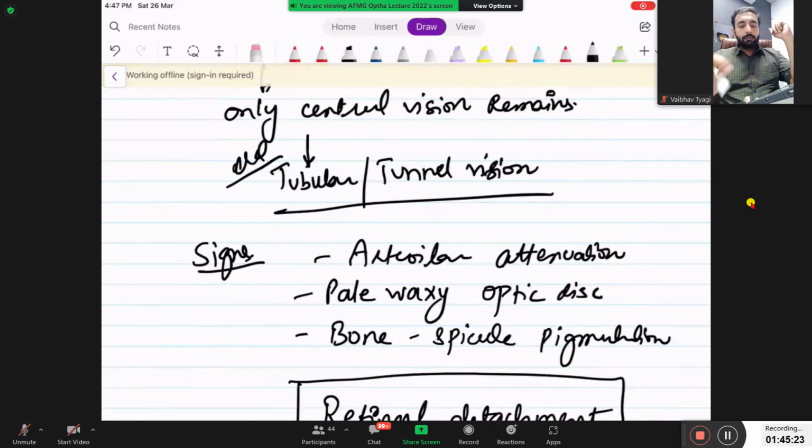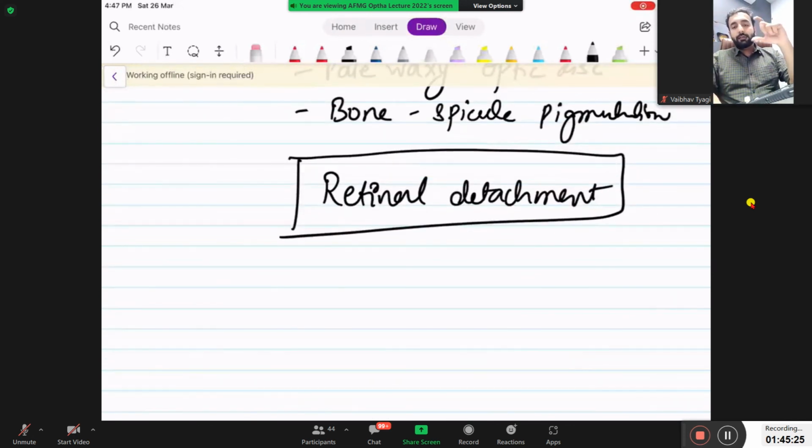So coming to retinal detachment, we have discussed the pathology of CSR, which is quite similar to retinal detachment. See, in CSR, what was happening? The choriocapillaries were leaking beneath the RPE, and the fluid was accumulating in the subretinal space, right? And the neurosensory retina, the 9 layers, were separating, elevated, right?